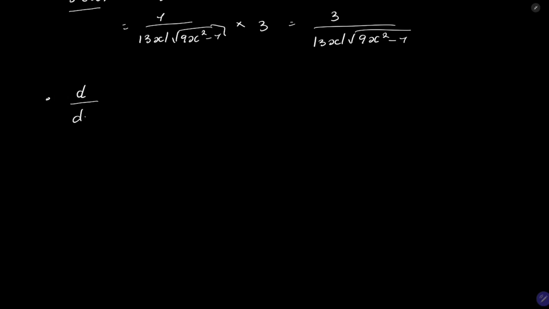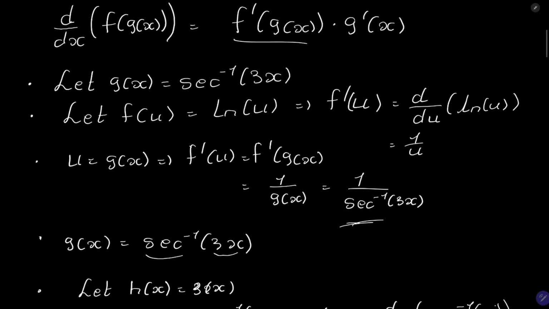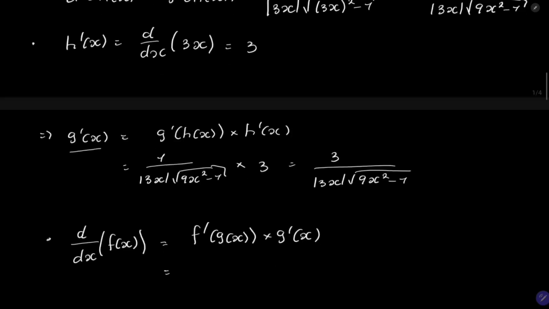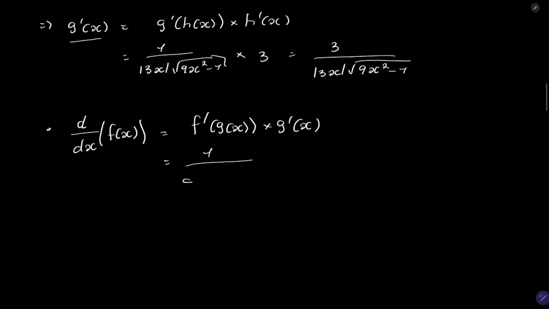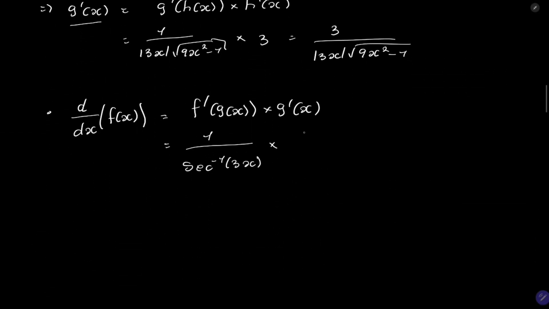So the derivative with respect to x of our function is equal to f prime of g of x times g prime of x. f prime of g of x is the function 1 on sec inverse of 3x, times g prime of x, which is the function 3 on the absolute value of 3x square root of 9x squared minus 1.